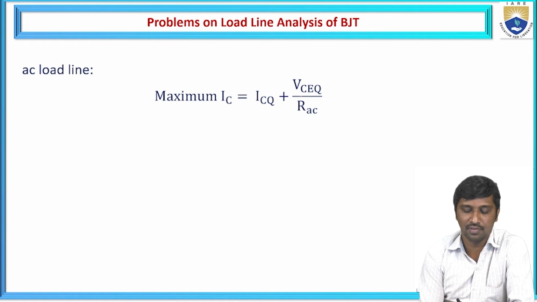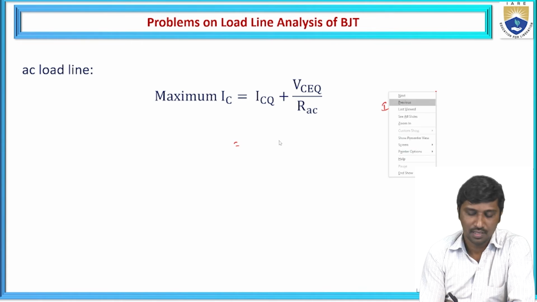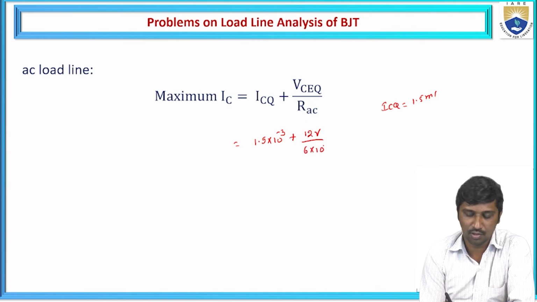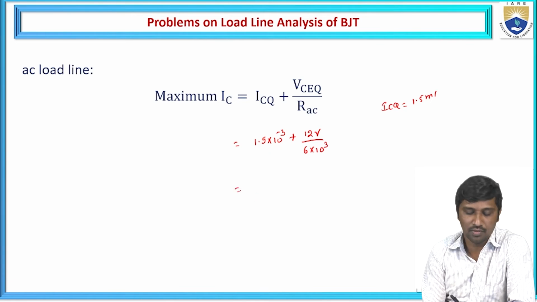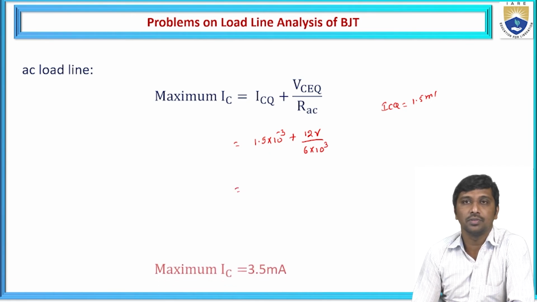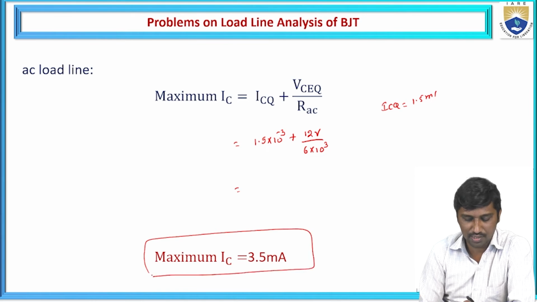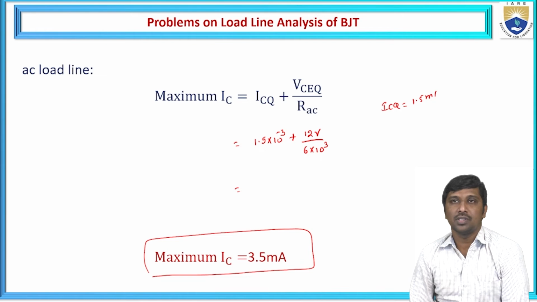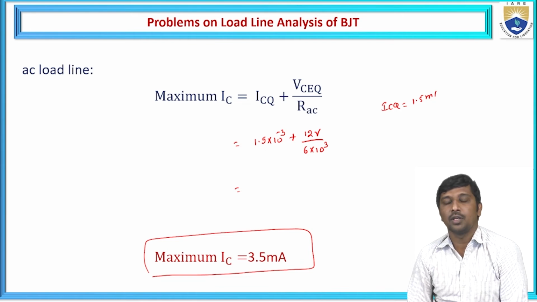Then in terms of current, it is V by R, VCEQ by R. We know that ICQ is 1.5 milliamperes, so it is 1.5 into 10 to the power of minus 3 plus VCEQ, which is 12 volts, by RAC, which is 6 into 10 power 3. By solving this ratio, it gives that the maximum IC value is 3.5 into 10 to the power of minus 3 amps. Now by using all these parameters, we need to draw the load line graph.